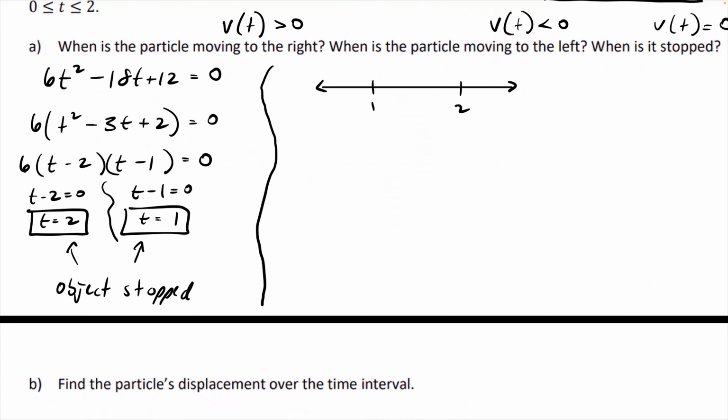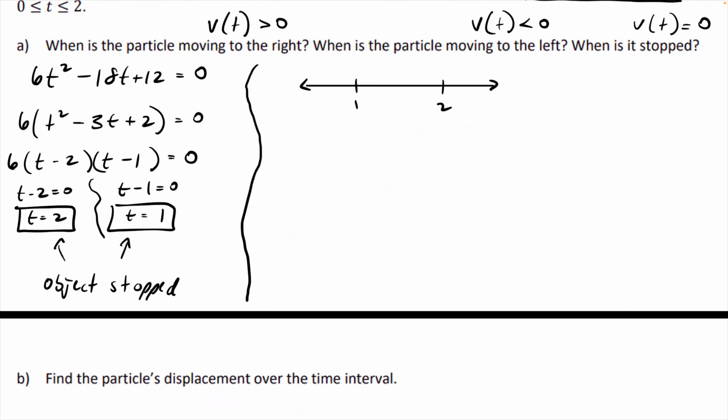which were when velocity was 0. And then we plug in numbers less than 1, in between, and greater than 2, right? For example, I can't pick 0 because the interval starts at 0. Actually, it should be more accurate like that, because it can't have negative time.